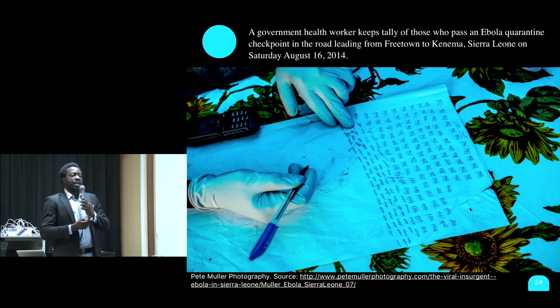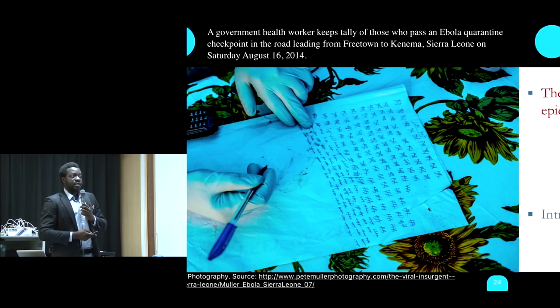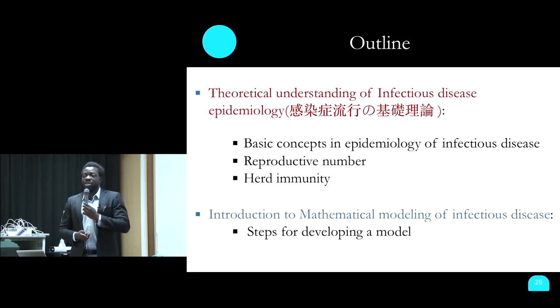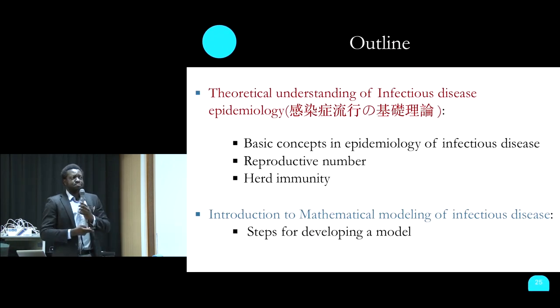Now that you have an idea about all that, let's look at some theoretical background of infectious diseases, which will help you to understand how disease spreads in a community and what kind of measures we have to take to stop a specific kind of disease.